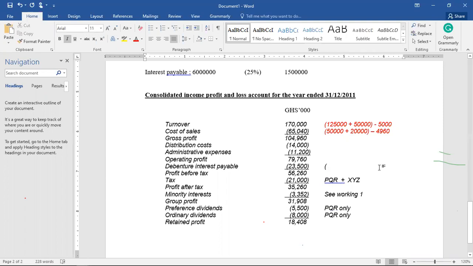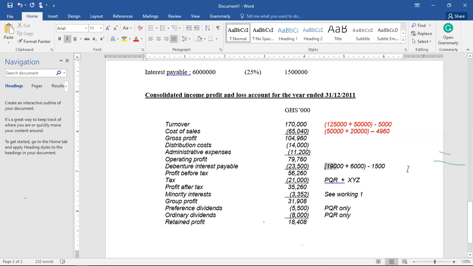Debenture interest payable by the parent, it is 19,000. Plus 6,000 minus 1,500. You know the debenture interest payable when you calculate the 25% of the 600,000 or 6 million, it is 1.5 million.